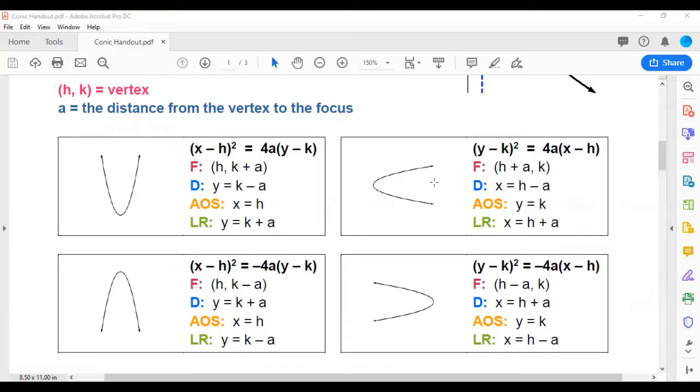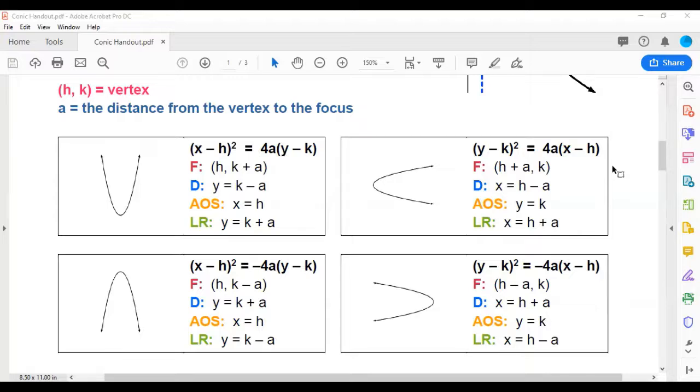If it's a sideways parabola, the something squared is the y, so we have y minus k being squared. And then whichever one's not being squared is the other something. So since here I have an x minus h being squared, then y minus k is the other something. On this one, y minus k is being squared, so x minus h is the other something.